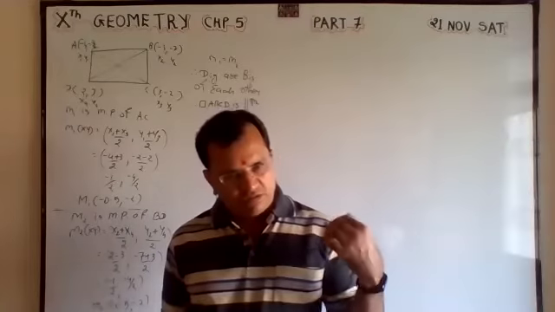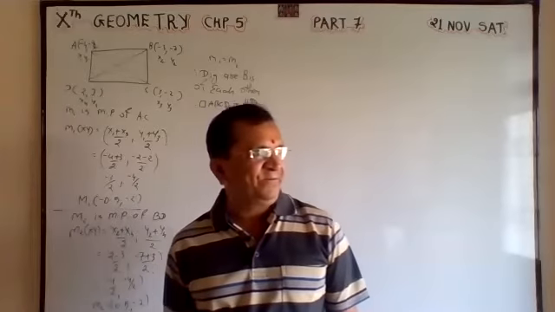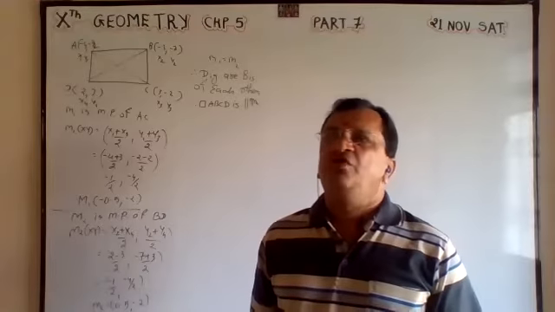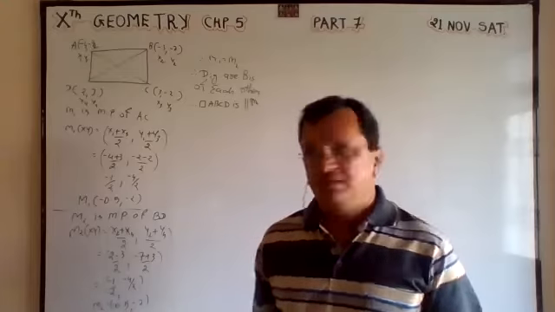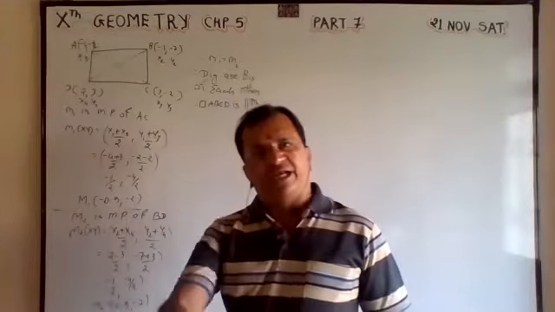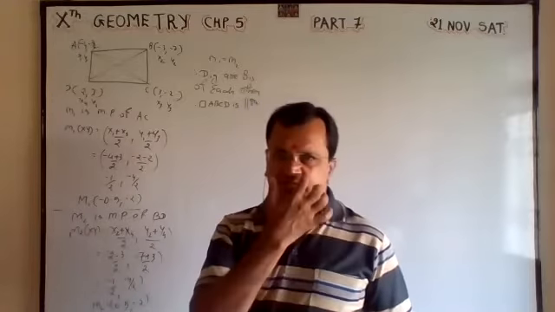rhombus, square, rectangle. For rhombus and square, adjacent sides are equal. If this and this are equal, it can be square, it can be rhombus.